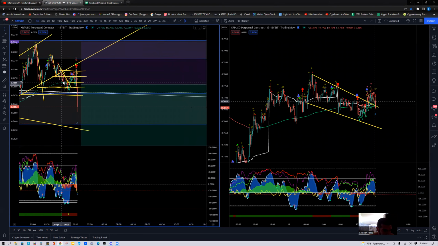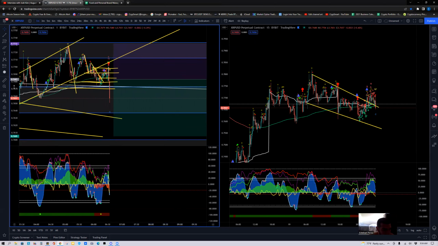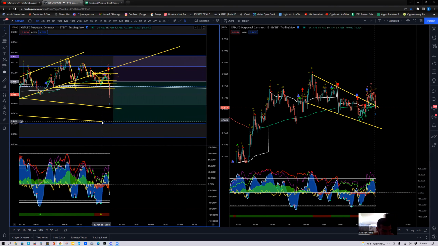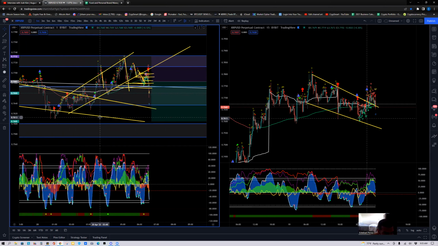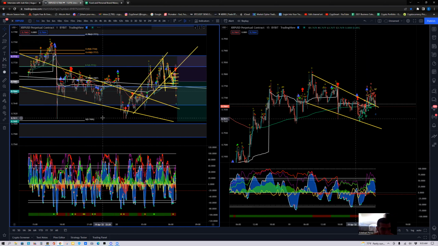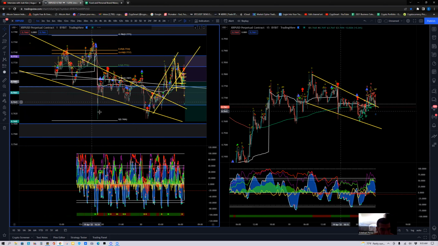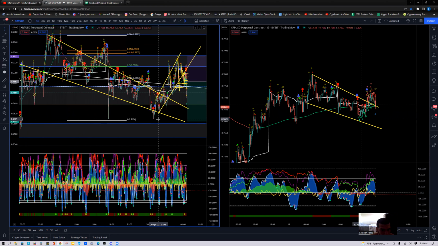It's going to be like a $200 trade. We should be going towards 76. Let's go ahead and put our stop loss there.